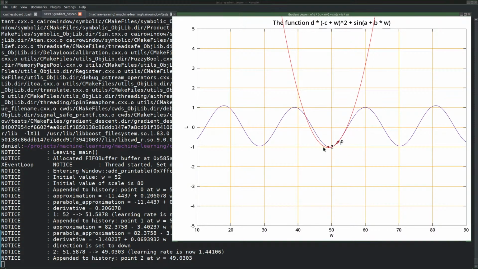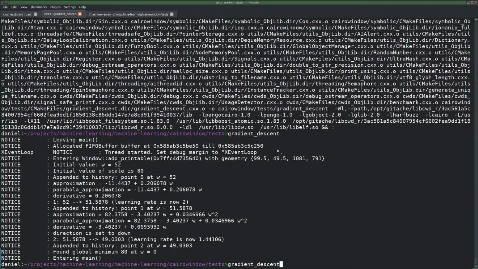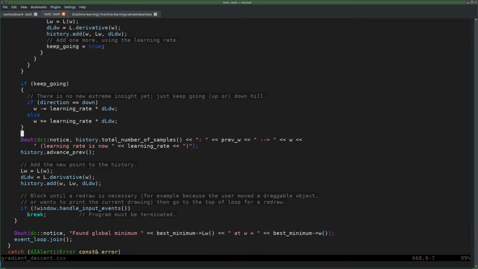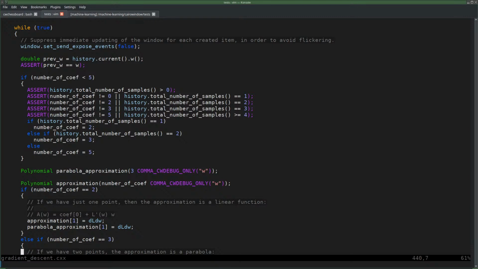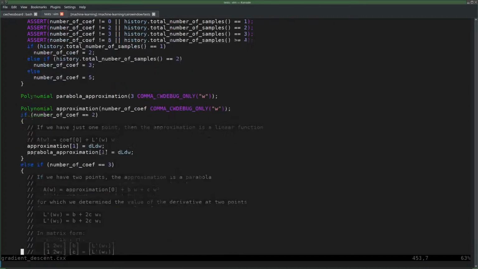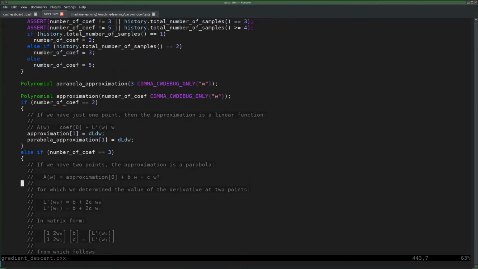So basically I want to continue into the loop. Yeah, it completely depends on everything.